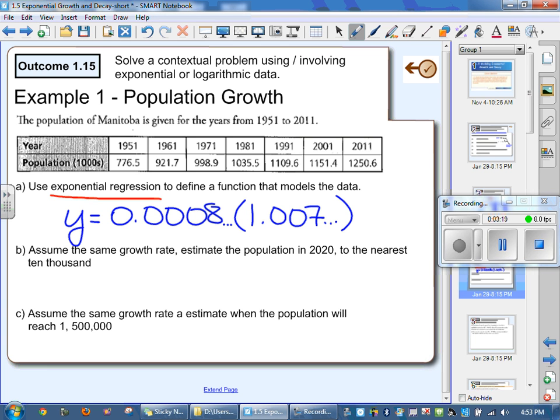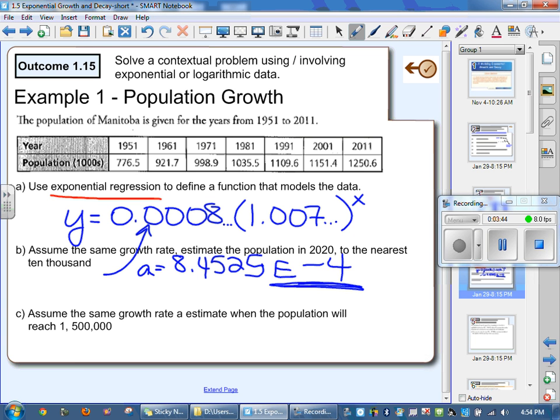Now, with exponent x, what you're going to notice is your calculator would have given you for a this value: 8.4525E-4. What does that E-4 part mean? That's telling us that our calculator put that number into scientific notation for us, so it doesn't show us the zeros up front.